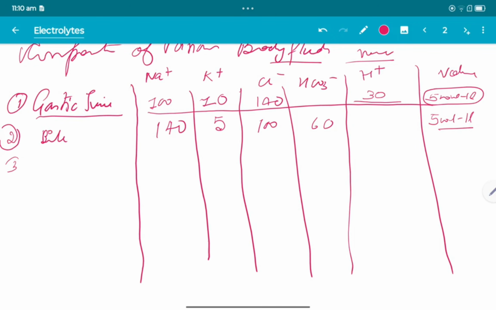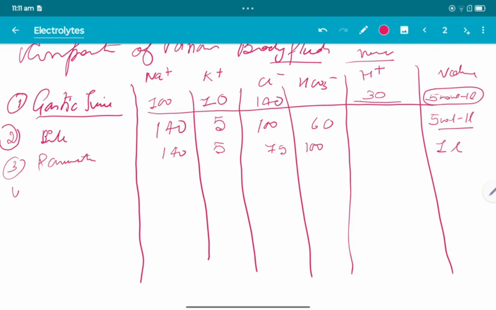Third is the pancreatic juice. Pancreatic juice also has 140 milliequivalent of sodium, 5 milliequivalent of potassium, 75 milliequivalent of chloride, and approximately 100 milliequivalent of bicarbonate. And approximate volume is 1 liter secreted per day.